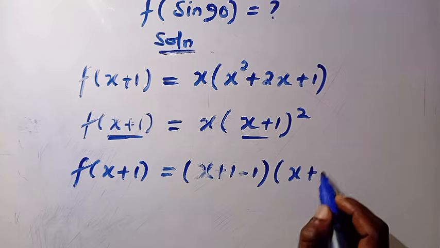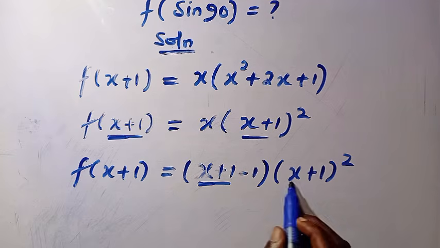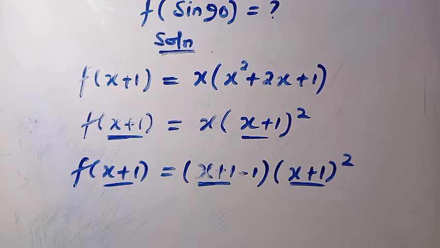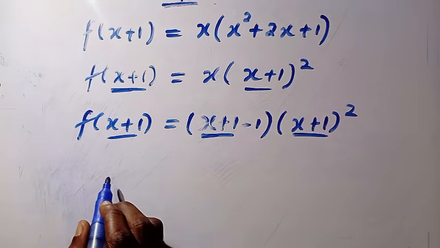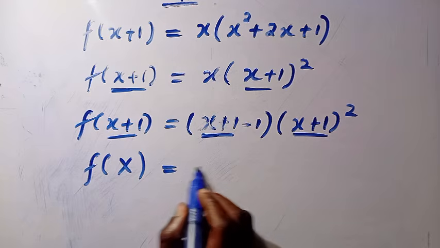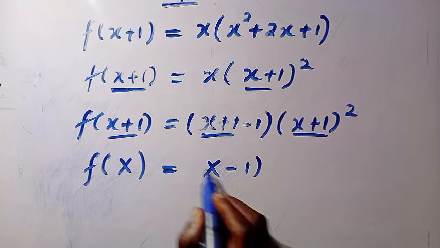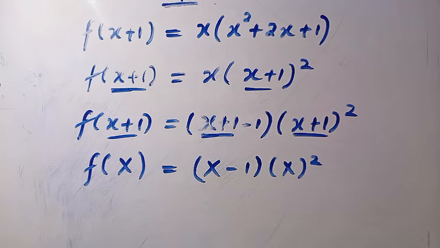Also open bracket x plus 1 squared. This is x plus 1, and x plus 1. Suppose I replace this with capital letter X. So this equals capital X minus 1 multiplied by X raised to the power of 2.